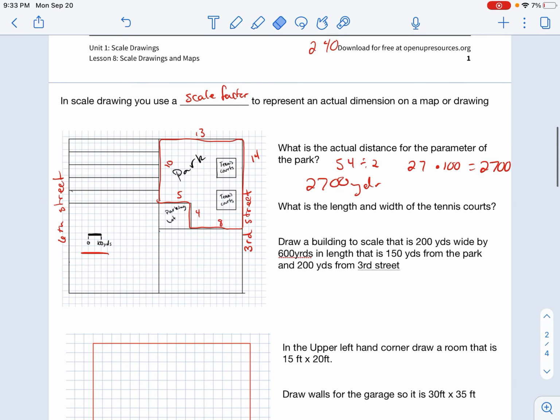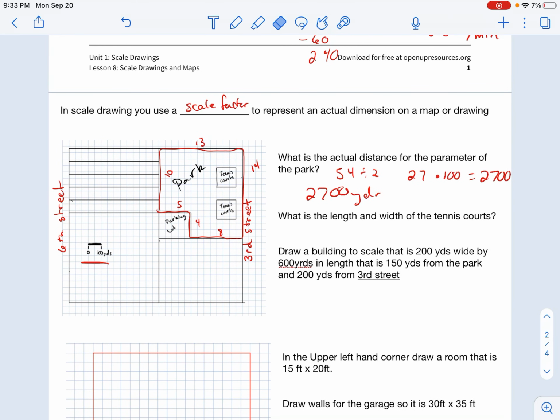If 2 squares equals 100, then 1 square equals 50. So that's going to be 3 times 50, which equals 150. And the width is the same, it's 3, so it's going to be 150 by 150, and this would be in yards again.